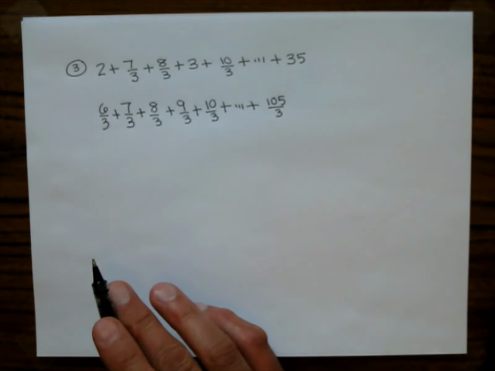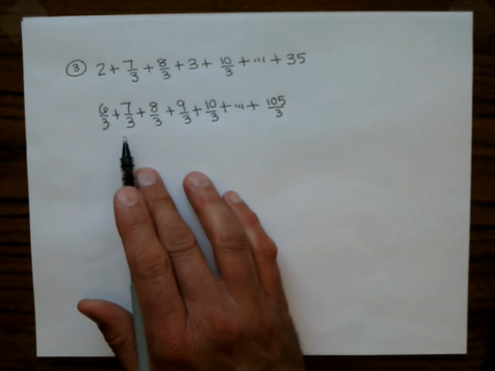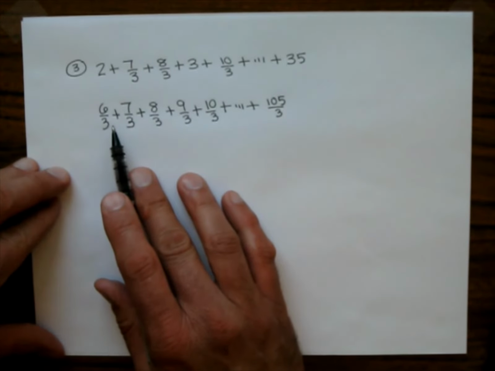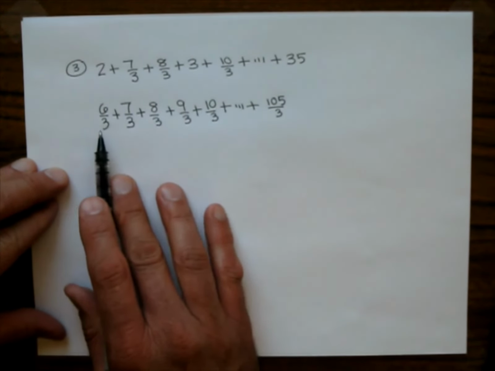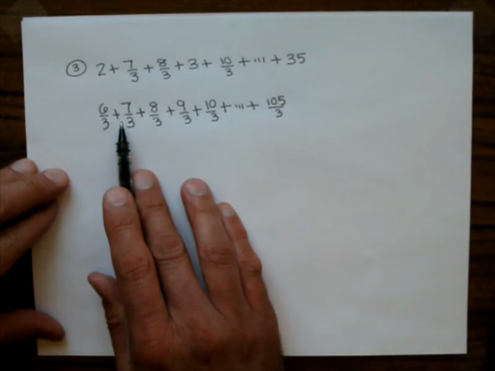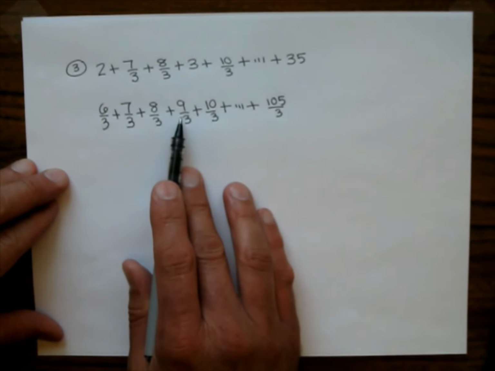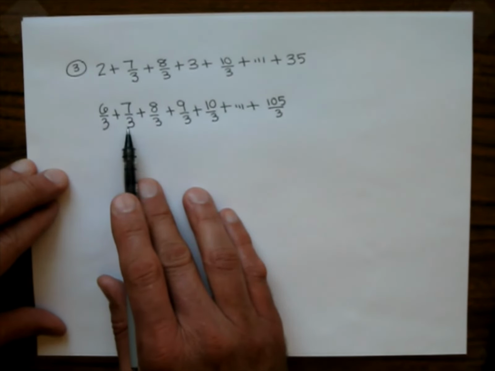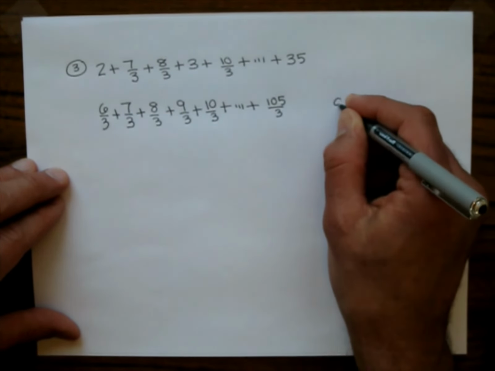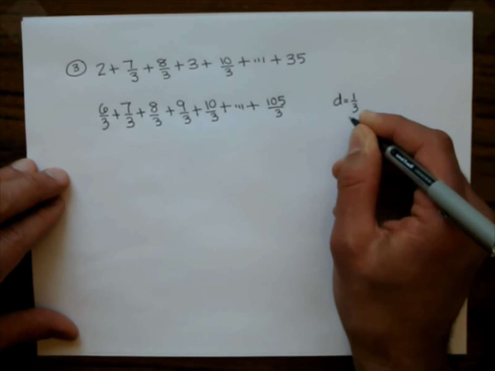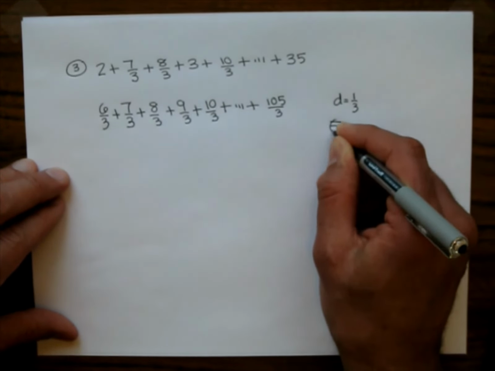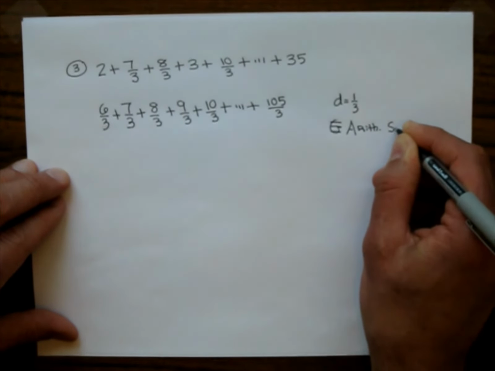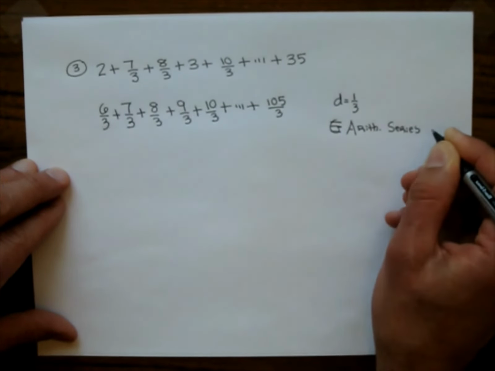Okay, so the next thing we want to do is say, what kind of series is this? Well, looks like I have the same amount of gap between each of the numbers. In fact, what am I adding to 6/3 to get to 7/3? I'm adding 1/3. So d is 1/3. This is not a geometric, this is an arithmetic series that I'm trying to add up.